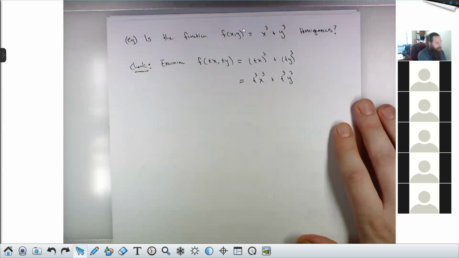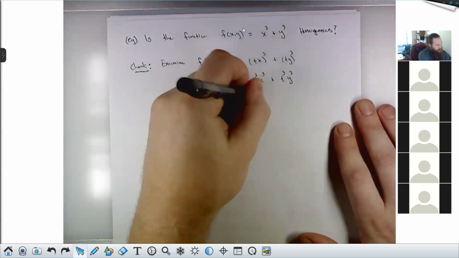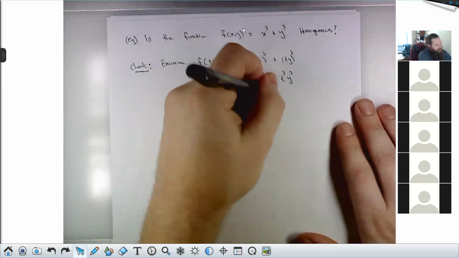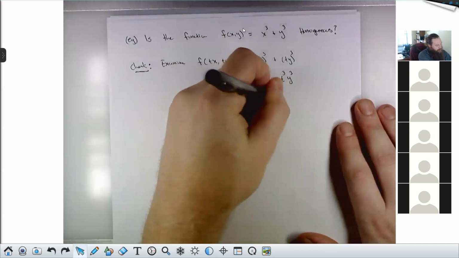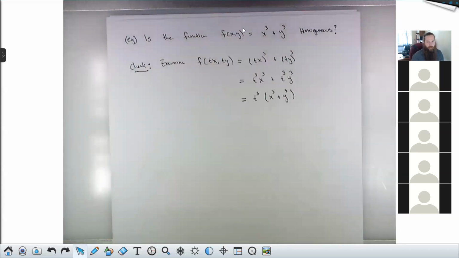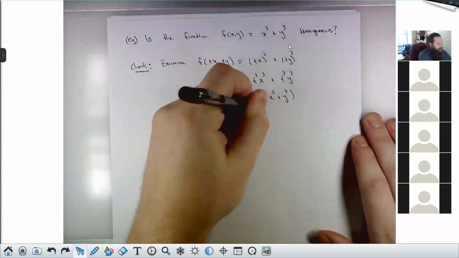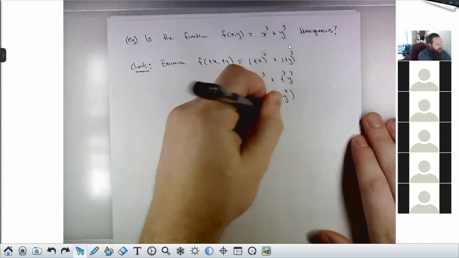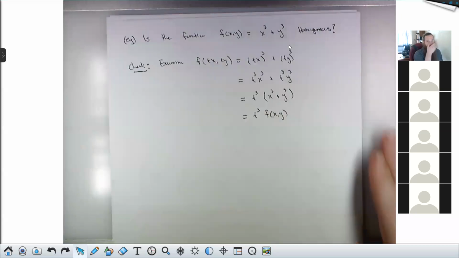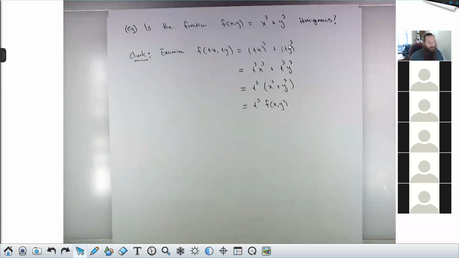And you notice, of course, that both of those terms have a factor of t that can come out. So I've got here t cubed times x cubed plus y cubed. And x cubed plus y cubed, that's the original function. So this is t cubed times f of just good old x,y. So this function is homogeneous of order 3.